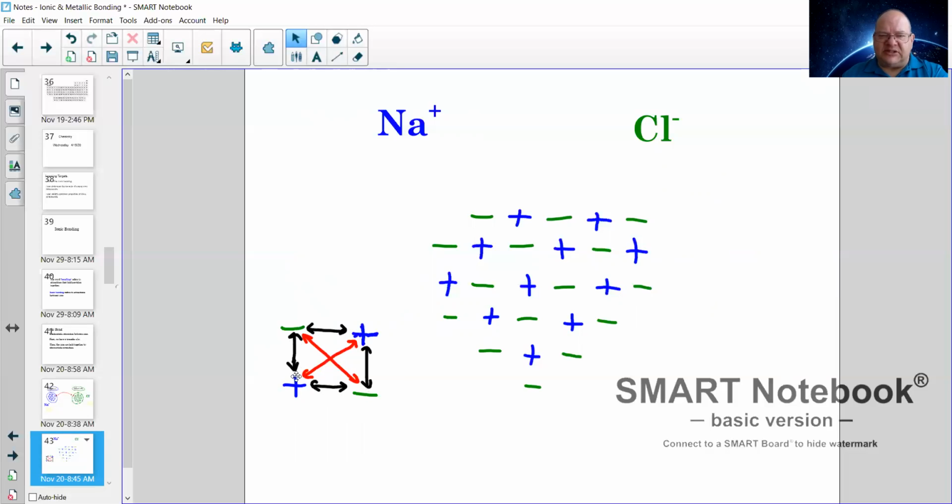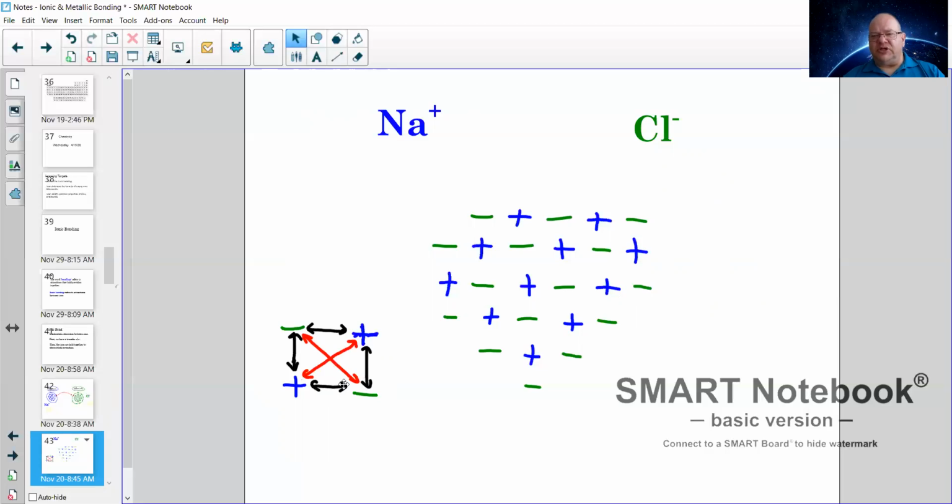So the 2 positives are a little further apart, and the positive and negative are a little closer together. The 2 negatives are a little further apart, but the positive and negative are closer together. And so this is just an example of how the ions are going to try to fit together to maximize the attractions and minimize the repulsions.